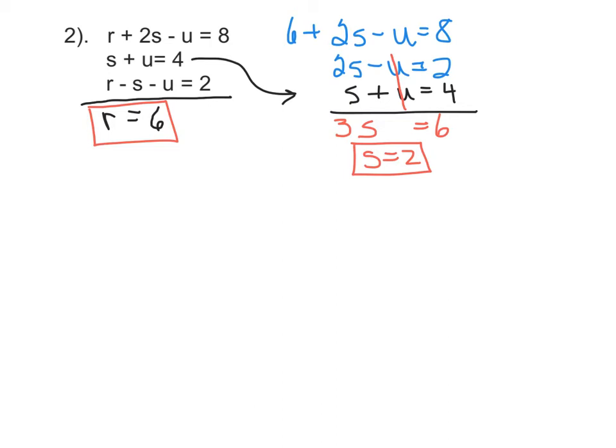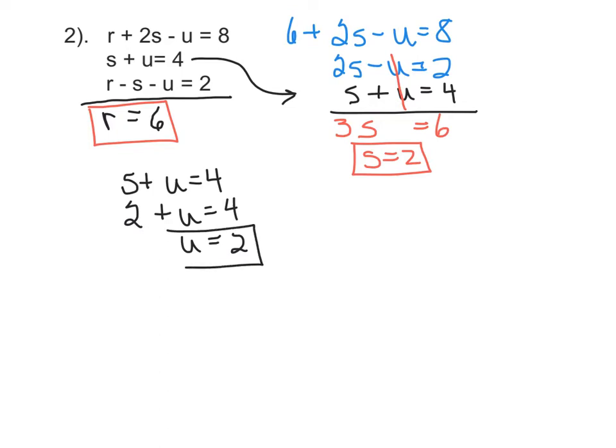Go back to any of the original equations. I'm going to take the easiest one. S plus u is equal to 4. If I substitute 2 in for s, that allows me to solve for the u in my equation. So easily I get that u is equal to 2. So I have my solution like this.